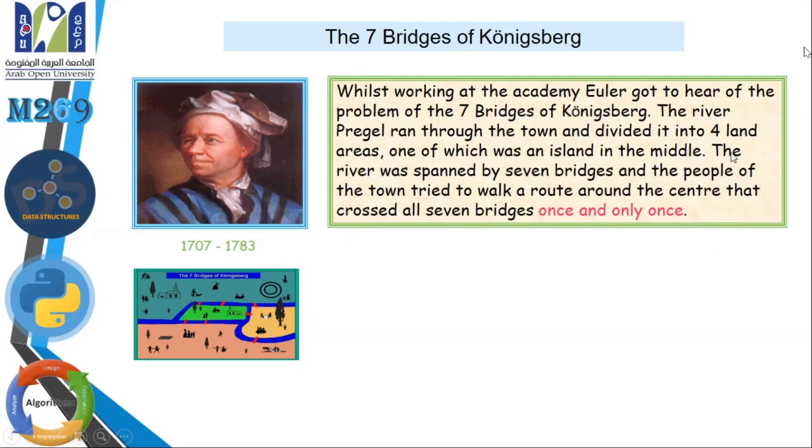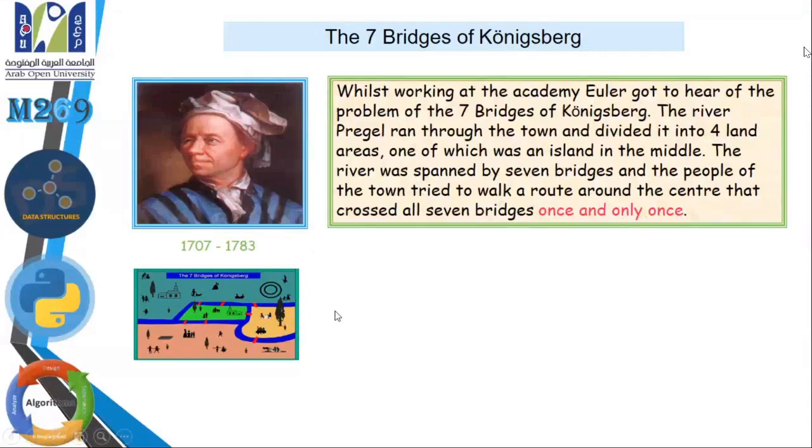The river was spanned by 7 bridges. So they built bridges so you can go from one area to another. And the people of the town tried to walk around the center and cross all 7 bridges once and only once.